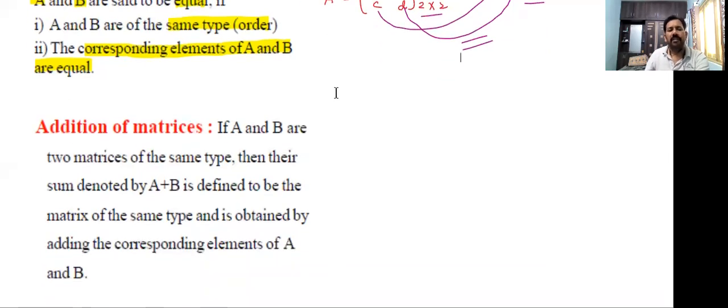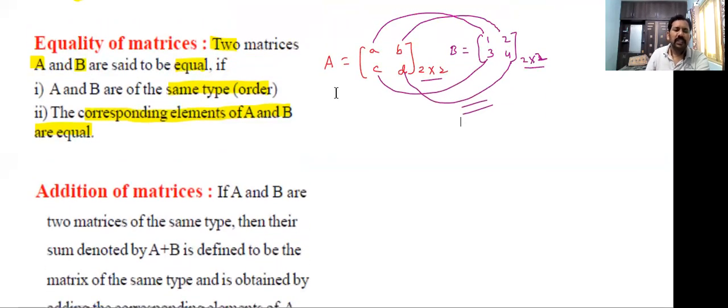Okay. Addition of two matrices. Already you know that if A and B are two matrices of the same order, then their sum is denoted by A plus B. How to add the two matrices? Take two matrices having the same order and add the corresponding elements. Suppose these are the two matrices, I am going to add now A plus B. How to add, students, tell me?